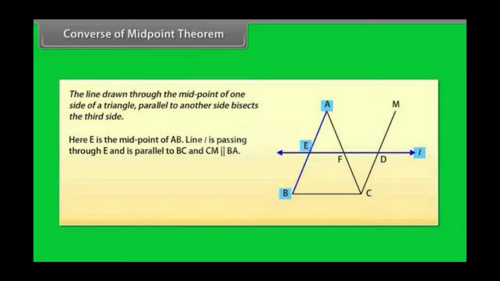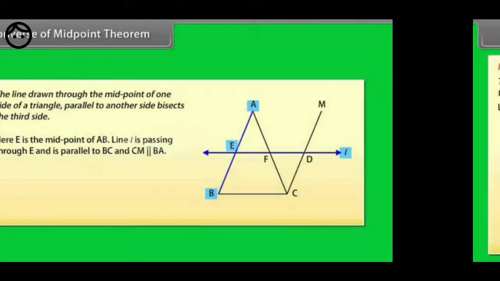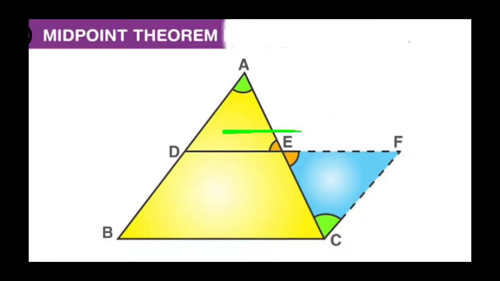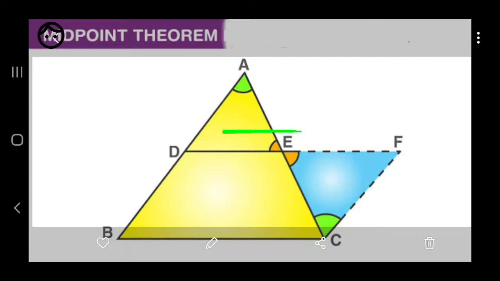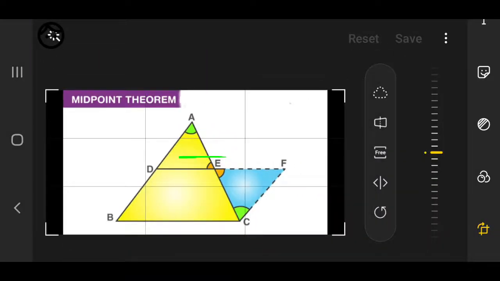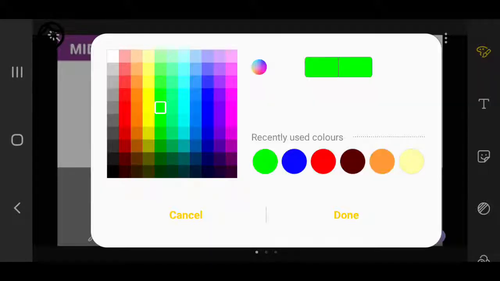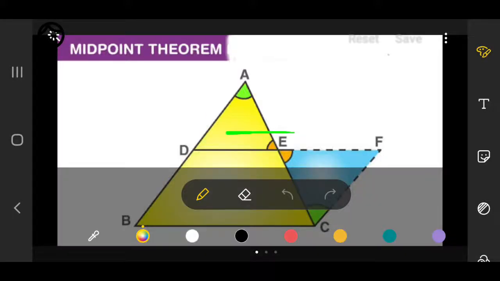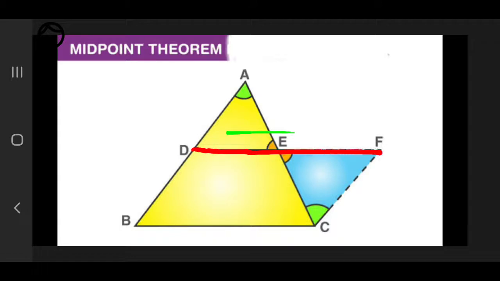Here also, same method. First consider the triangle ABC. It is given that D is the midpoint of AB, and this DF is the line passing through the midpoint of AB and this DF is parallel to BC.